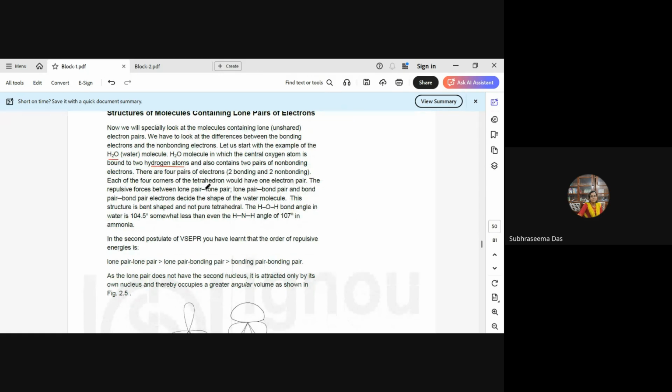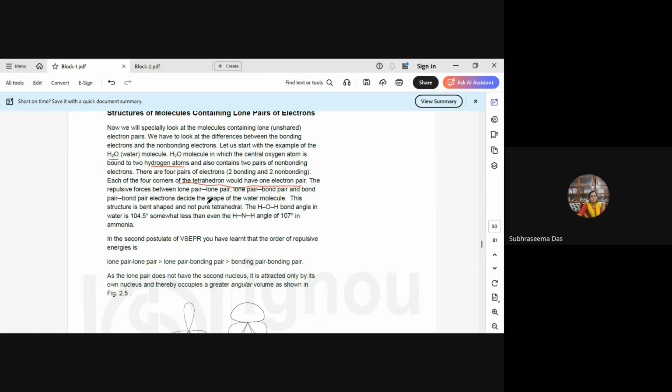So the total number of electron pairs here becomes four. Each of these four electron pairs will occupy the four corners of the tetrahedron, that is, the two bonding and the two non-bonding pairs.